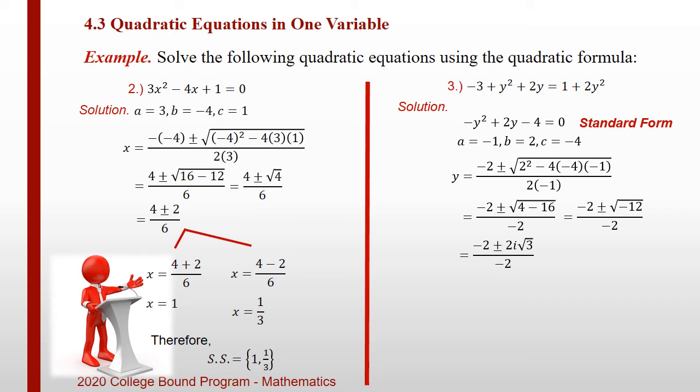As we can see, negative 2 is a common factor in the numerator and denominator. Hence, we can factor out negative 2, leaving us with y equals 1 minus plus i square root of 3. Therefore, the solution set is the set containing 1 minus i square root of 3 and 1 plus i square root of 3.